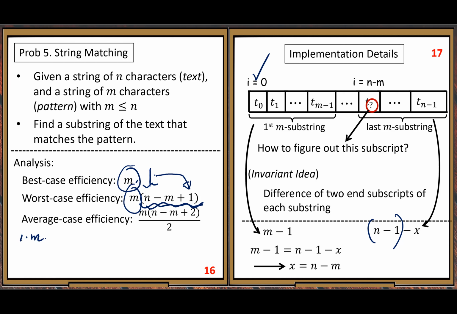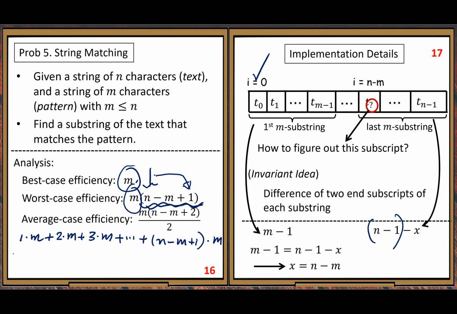The next one, you need to do 2 times m comparisons. And the next one, 3 times m comparisons, and so on, all the way to the last one, n minus m plus 1 times m comparisons.